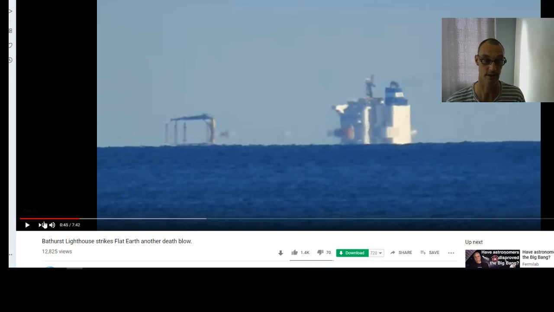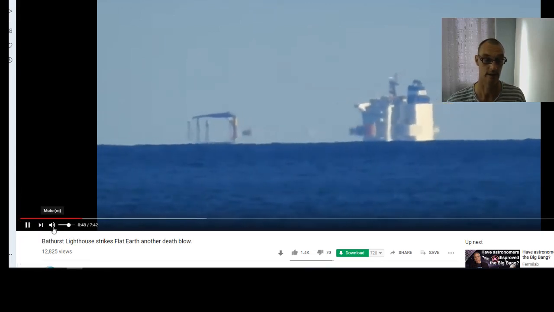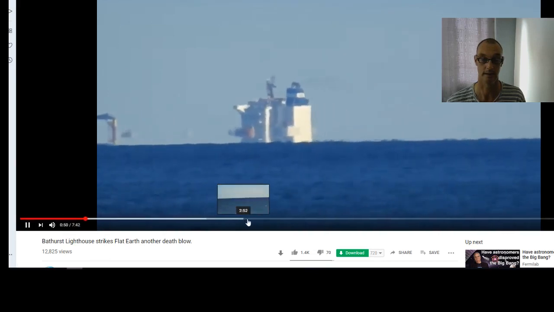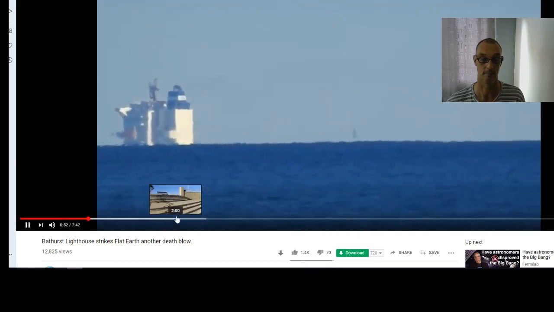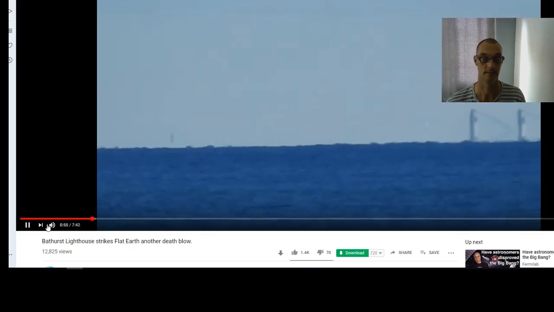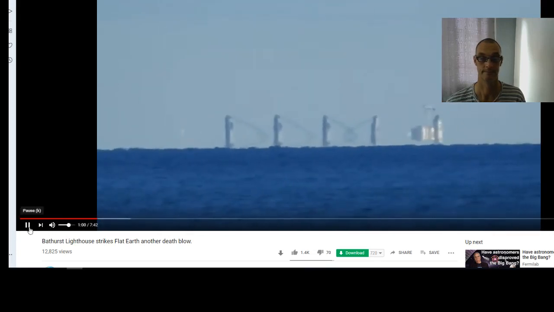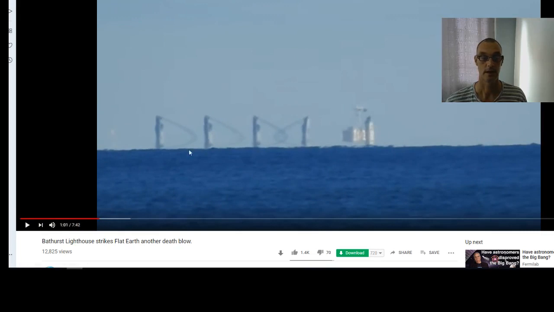So let's just go through this, and there are more ships to the right. Oh dear, why is that happening? Okay, we can see exactly the same thing happening here.